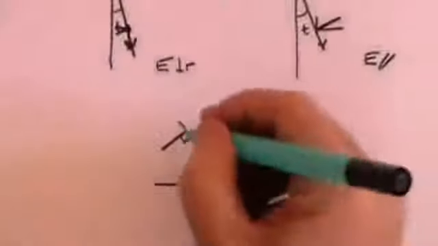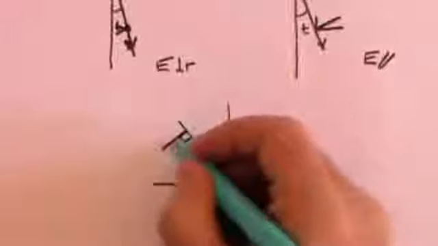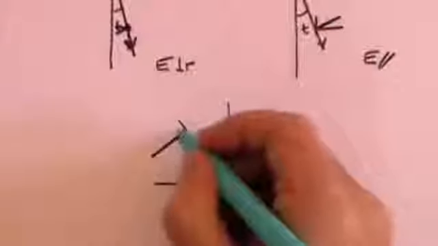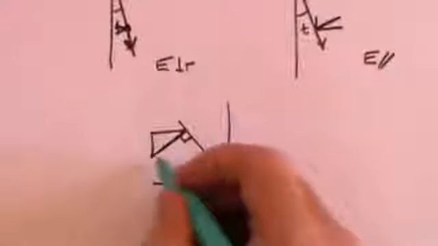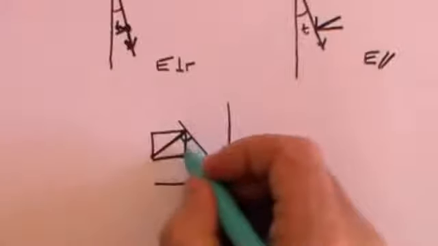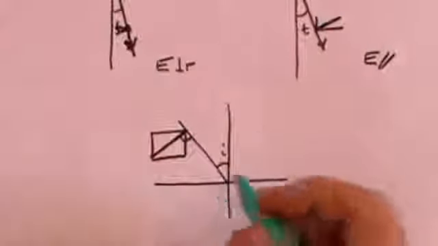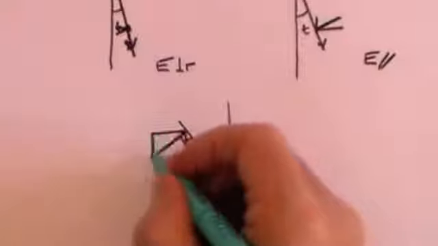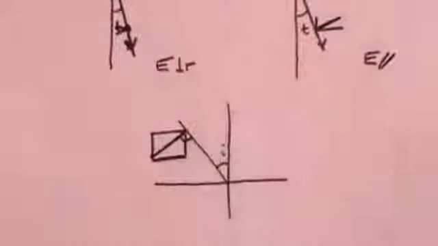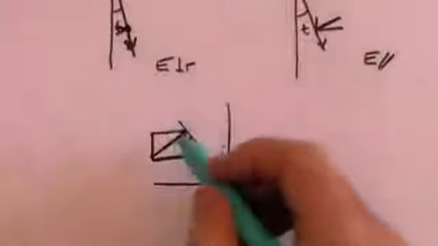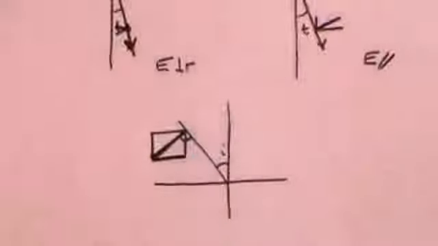And what we have said is that we can resolve this B field. Let's make it a bit bigger so we can see what we're doing. We'll resolve that B field into two terms. We've got a vertical term and a horizontal term. That is just simply resolving this B field in its two component parts.